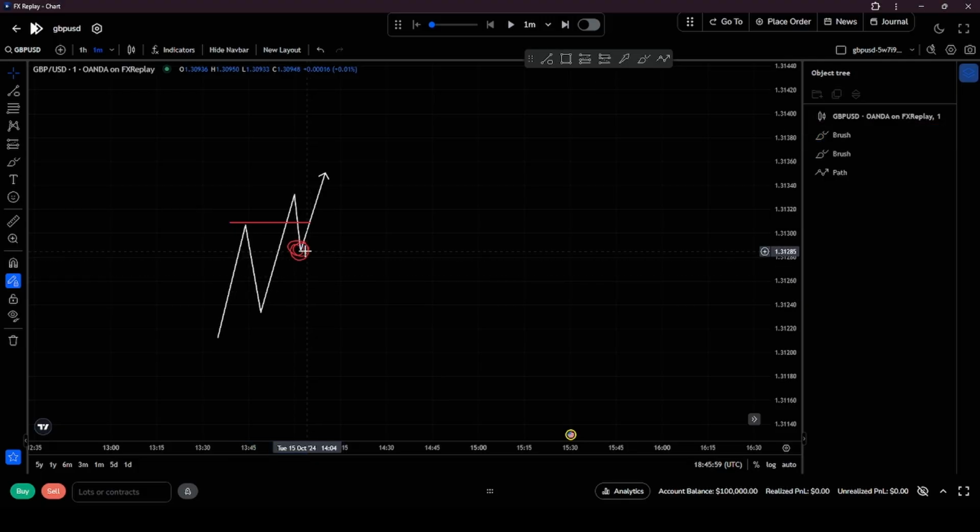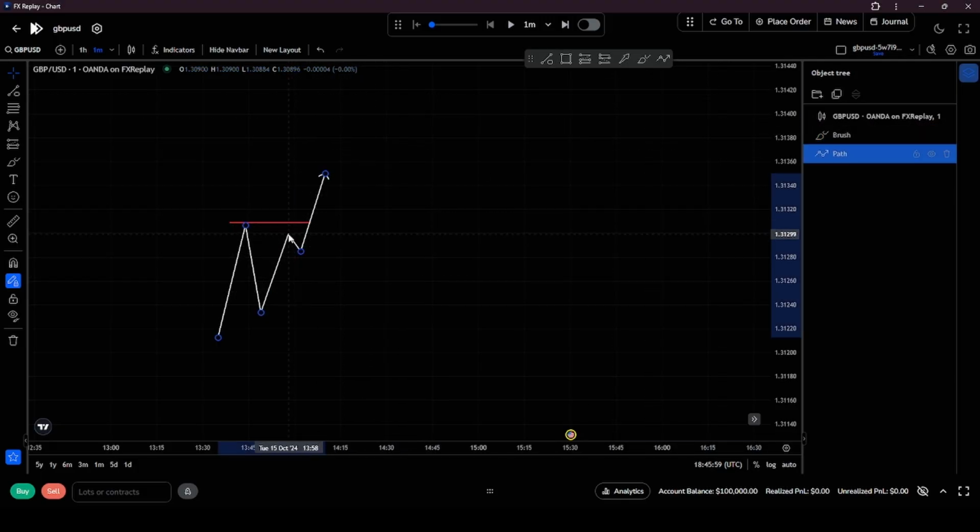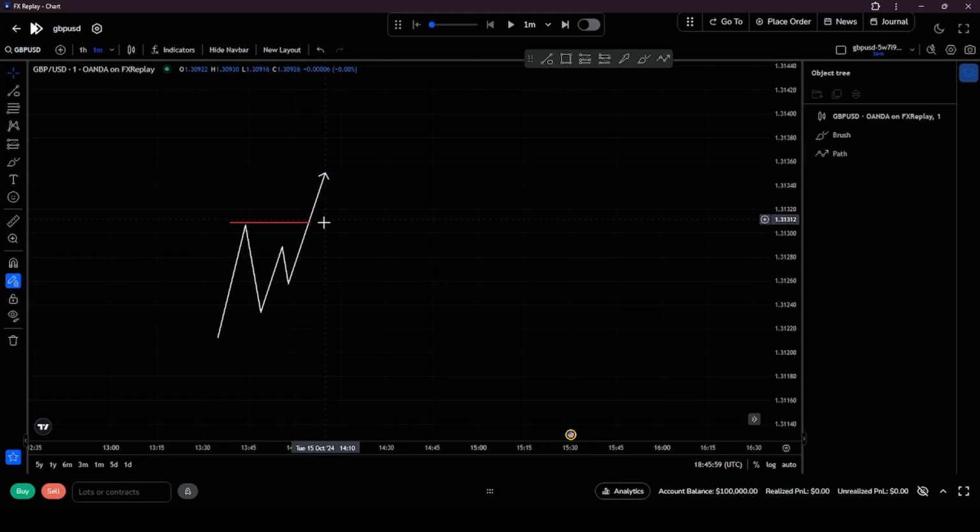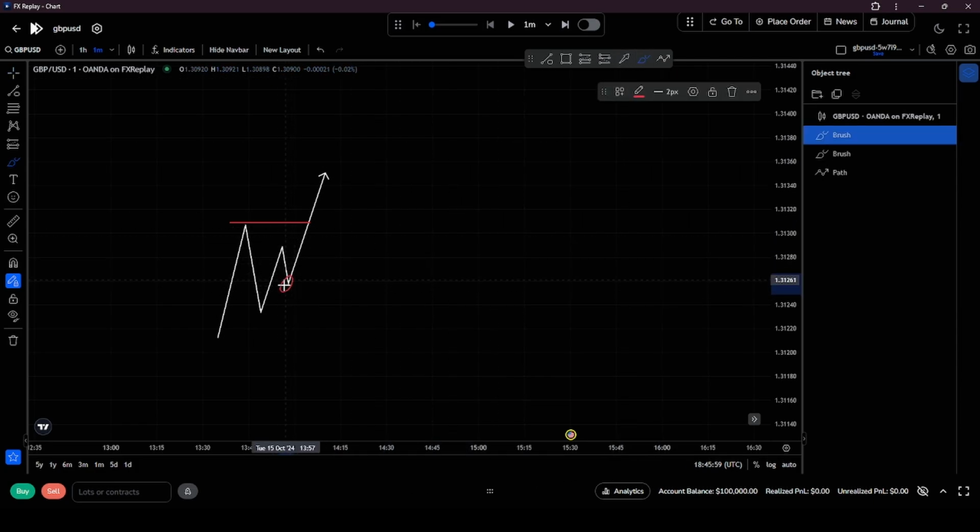But if we had something like this after a break of structure, then this would have been considered a minor inducement. When a structure has a major inducement, it has a higher chance of playing out than a minor inducement.